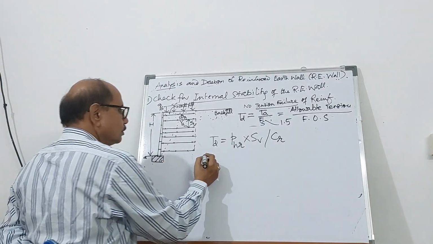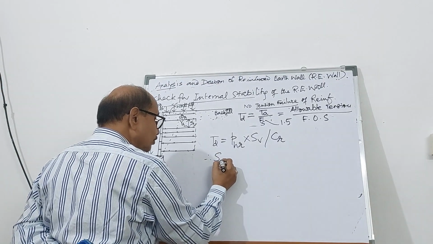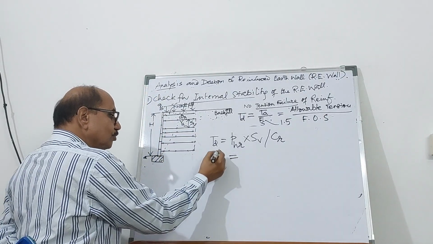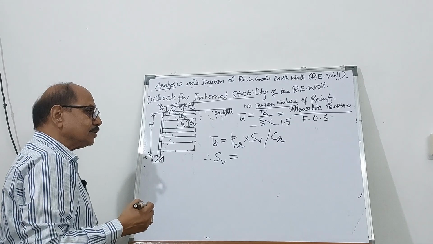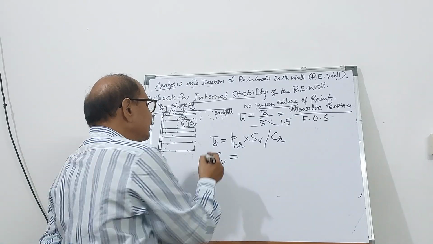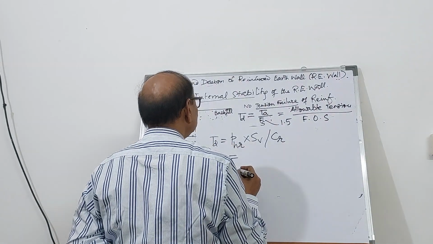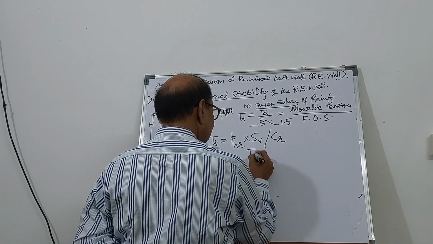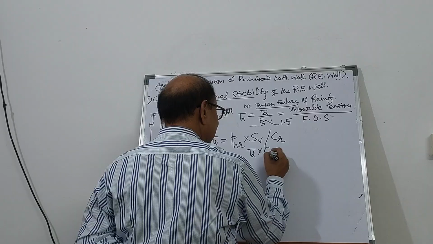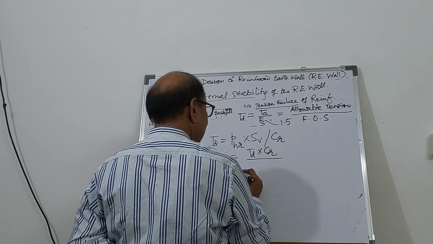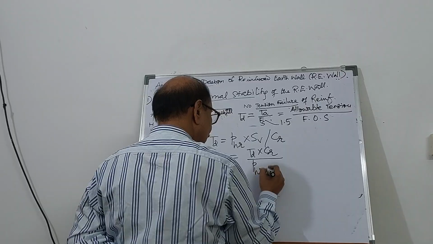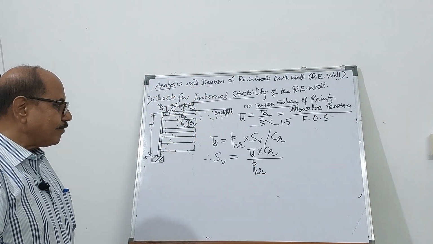Therefore, what should be the vertical spacing? In internal checks, you will have to find out the vertical spacing. So vertical spacing is going to be TD multiplied by CR divided by the horizontal force that is getting developed.